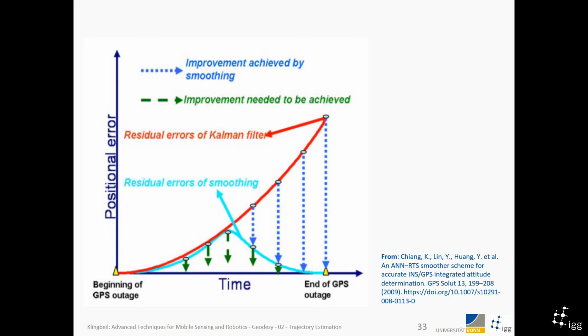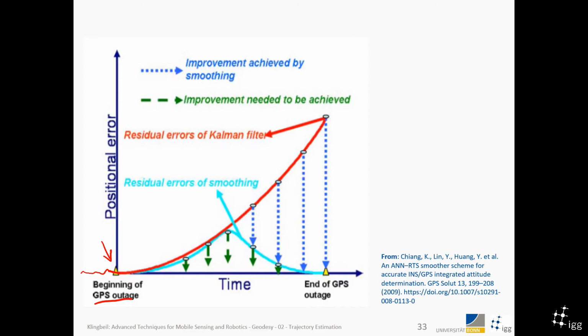So let's now look at a certain problem. So here we now have a result of our GPS IMU integration filter, and we now come to that point here where a GPS outage starts, right? So at that point the GPS somehow breaks and doesn't give us any information anymore.